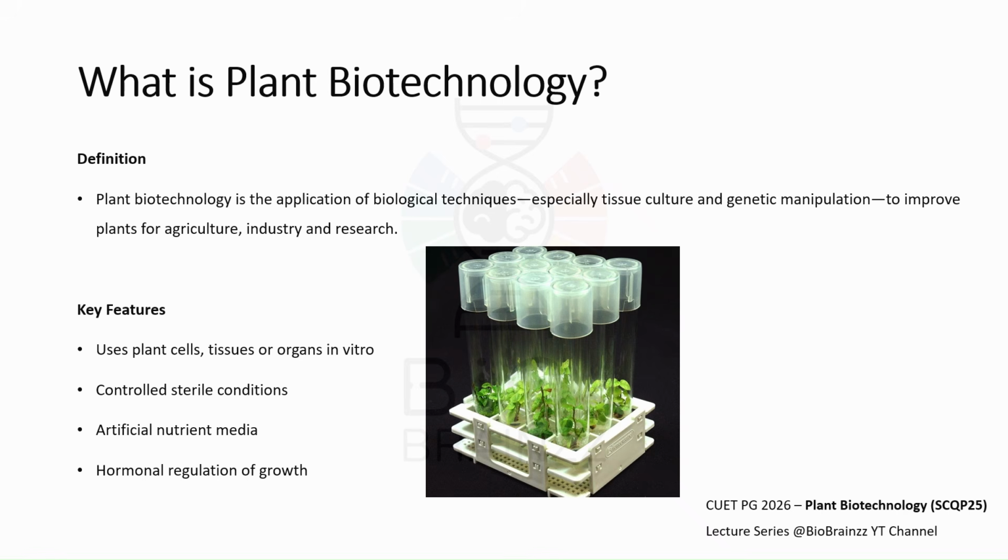Finally, plant growth regulators such as auxin and cytokinins control differentiation and morphogenesis. For CUET PG, remember this definition clearly. Many MCQs simply test whether you know that plant biotechnology primarily involves in vitro culture and gene manipulation.